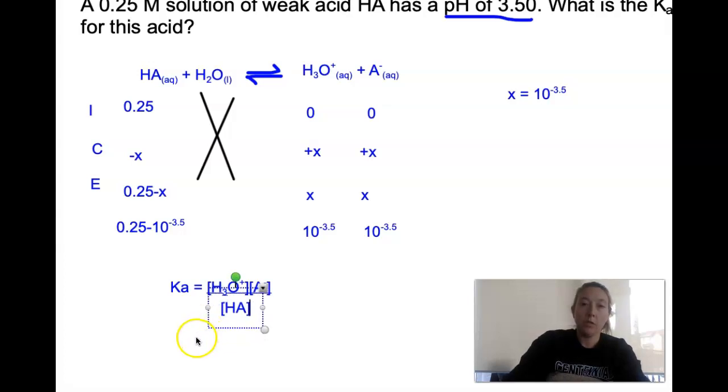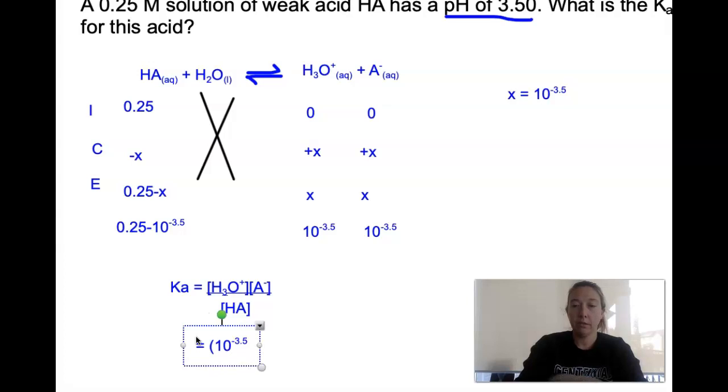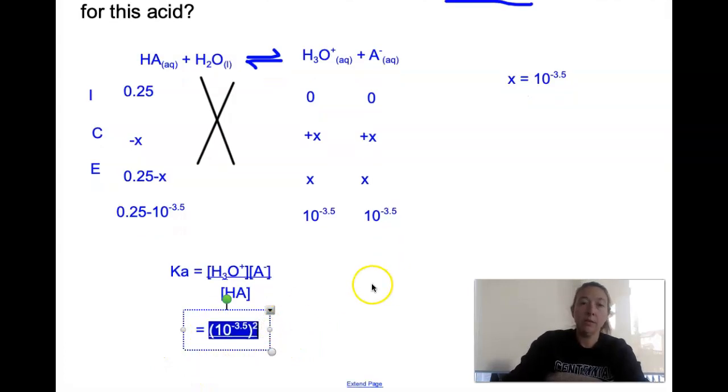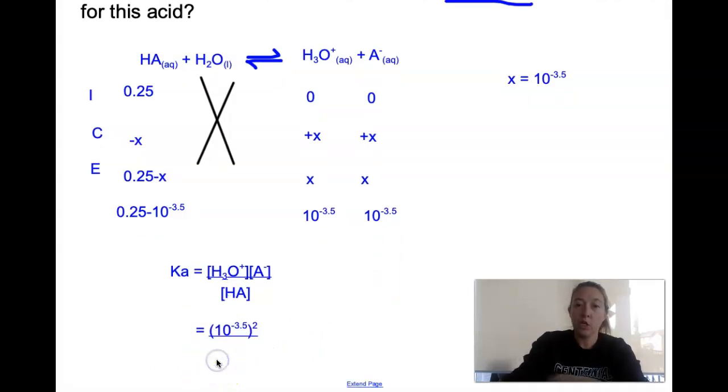We're trying to solve for Ka, so this is going to equal our 10 to the negative 3.5, and I'm just going to square that so I don't have to write it twice. And that is all divided by our HA, which is 0.25 minus 10 to the negative 3.5.